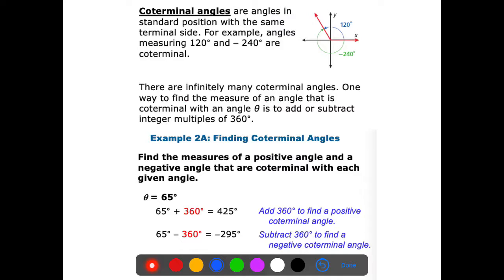So on the bottom, we see Example 2: find the measures of a positive angle and a negative angle that are coterminal with each given angle. If we're using 65, we're going to add 360 and subtract 360, and that gives you 425 and negative 295, and those angles are both coterminal.